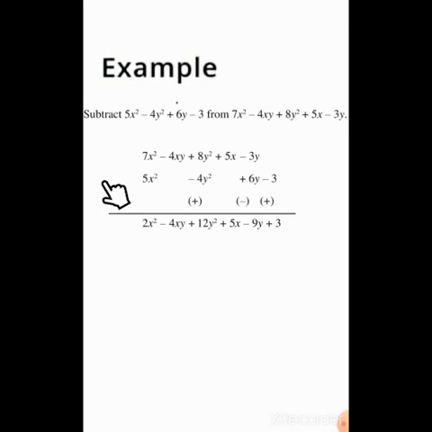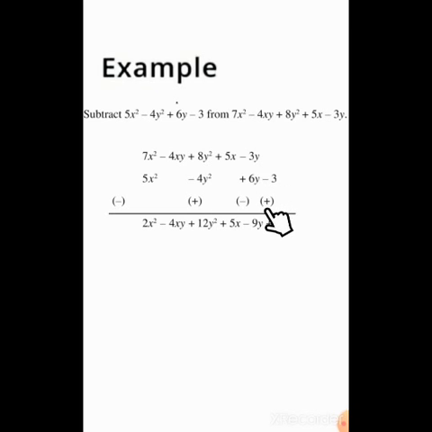Now subtract is there. So whatever the sign is given, we totally change it to the opposite. Why? Because of the minus, we put minus, so minus plus minus, minus minus plus. It means the signs totally change.